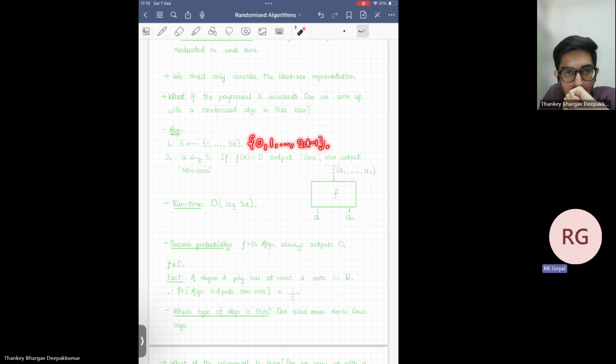That is fine, because ultimately I'm picking one value uniformly at random from the 2D possibilities, and out of those 2D possibilities, at most D will be roots. Any set of size 2D would have worked.